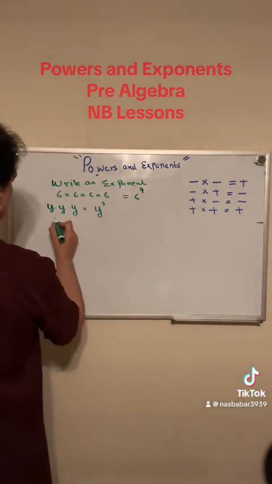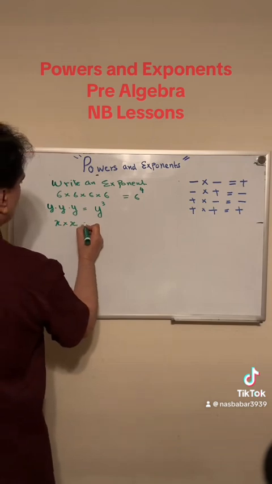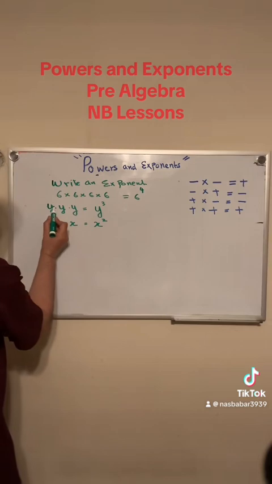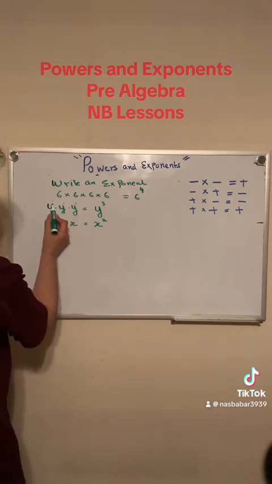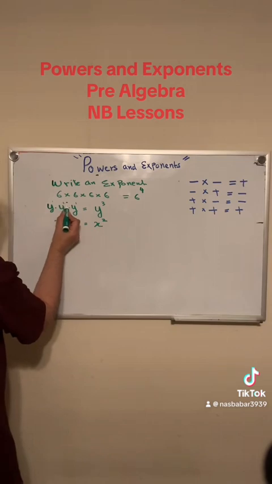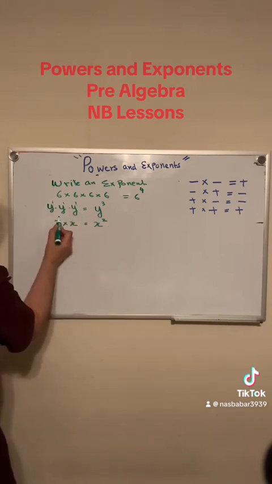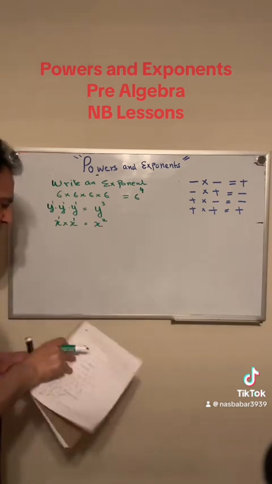Okay, what if I have x times x? That would be x squared, because there is an implicit 1 on top of these, and you add 1 plus 1, which is 2.